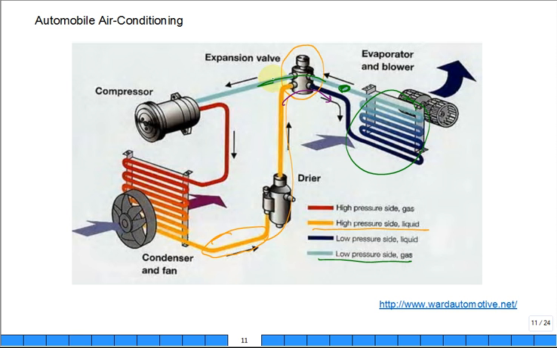There's a bulb right here in the middle. It senses the temperature of what's coming off the vapor, the evaporator. Okay? It will then lift or push down a needle, which will modulate the flow in the lower two parts of this block.